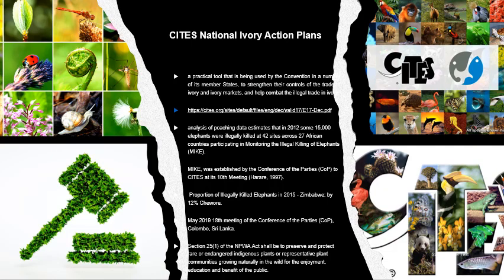How? Because even now in Zimbabwe, there's a National Ivory Action Plan, the result of which is to ensure the protection of endangered species, right? So there are a lot of statistics on how all these treaties, especially the CITES treaty, have made an impact in environmental protection. Please familiarize yourself with those things.